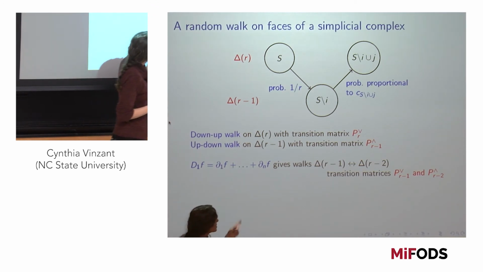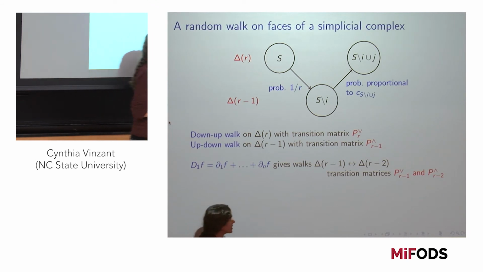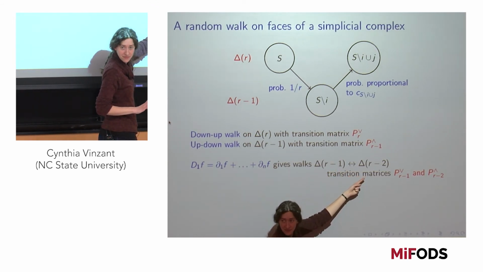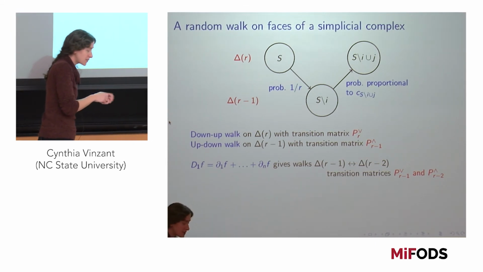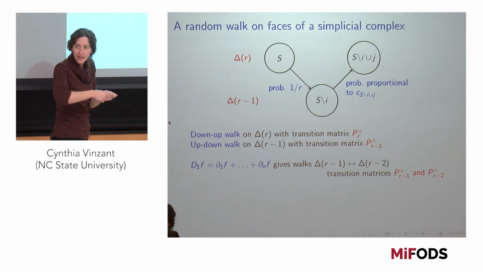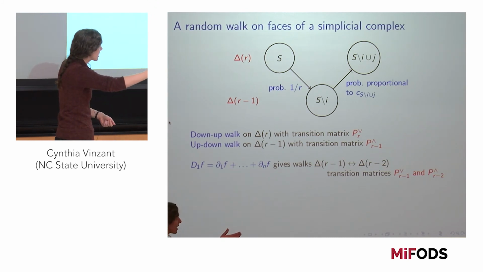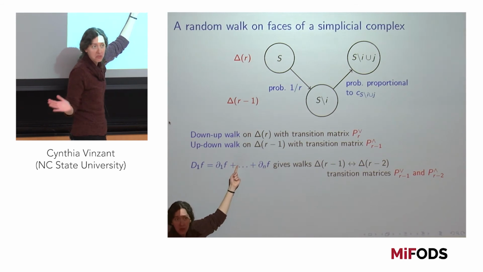And this will define up-down and down-up walks between the subsets of size r minus 1 and r minus 2. Where I take a subset of size r minus 1 and I throw an element away with probability 1 over r minus 1. And if I'm sitting at a subset of size r minus 2, I add an element back in with probability proportional to the coefficient in this polynomial.